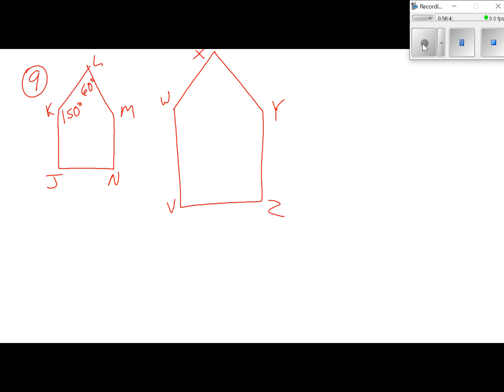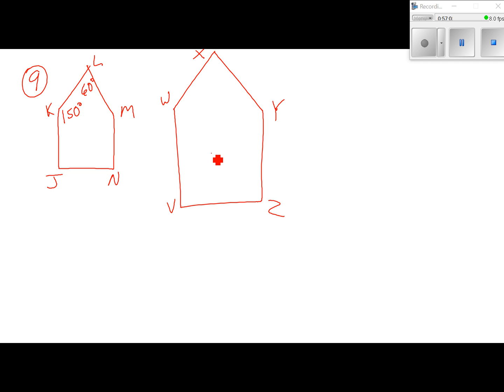Number 9, they give us this picture, and they tell us that Pentagon JKLMN is similar to Pentagon VWXYZ. And you just have to make sure that you're matching them up correctly. These are pretty easy to match up because the way they have them drawn looks like they match up just like that.